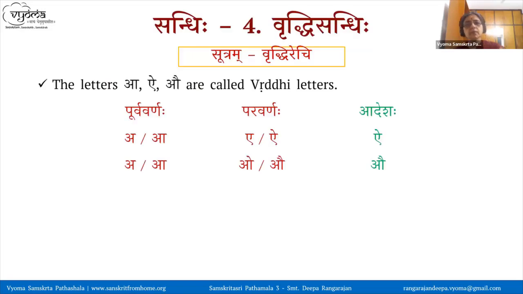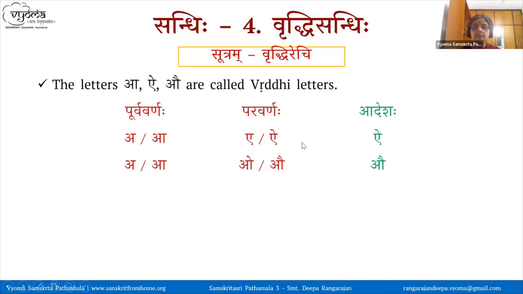The sutram is given as vriddhirechi. We know that in the Maheshwara Sutras, the ech pratyahara is E, O, Ai, Au. So starting from E up to Chakara is ech pratyahara, which has E, O, Ai and Au. When these letters follow, we get vriddhi. Vriddhi means Ai and Au. So the letter with which we replace is a vriddhi letter, and this is called a vriddhi sandhi.